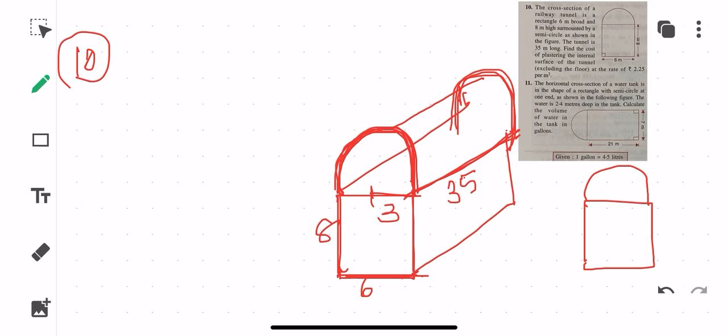Just a second, students, let us have a look. If you remember, a question of this type you have done in the previous year as well. Okay, so here we are taking what? Then we will be taking, so okay, there is an easy way, children, if you just see. So the internal area of this particular tunnel, what you can be calculating? See, if you want, you can just take the entire length which is there in common.